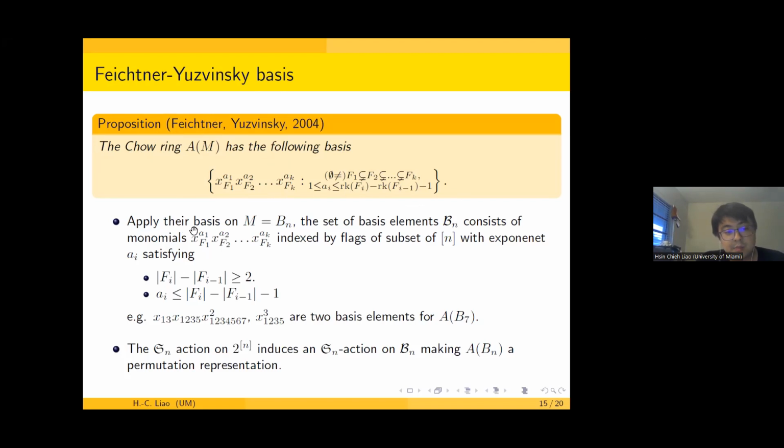Applying their basis when M is B_n, the set of basis elements of the Chow ring of the Boolean matroid will consist of monomials indexed by flags of subsets of the n-set. The exponents a_1, a_2, ..., a_k here will satisfy these conditions. And these are two examples of basis elements. It will be a monomial like these.